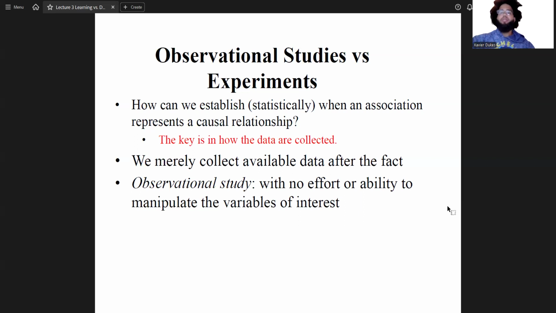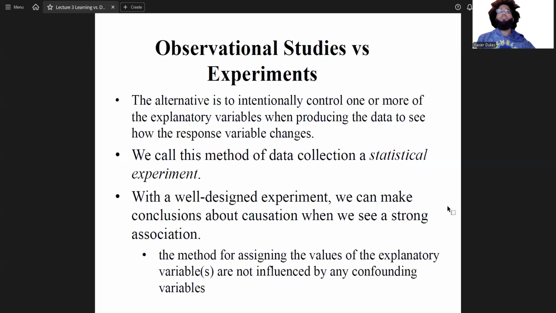We simply observe outcomes. The alternative is to intentionally control one or more of the explanatory variables when producing the data, to see how the response variable, or the dependent variable, changes. This data collection is called a statistical experiment. It's just experimentation, right?